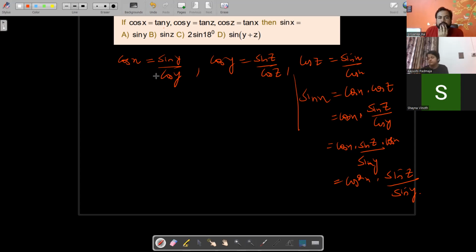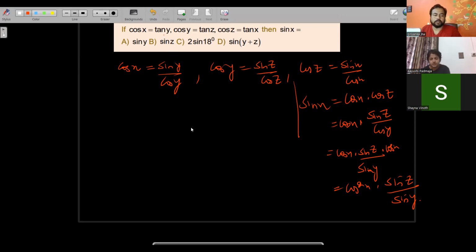I can do one thing. Now, how do you want to multiply? So we can do cos x into cos y equals sin z into sin y by cos x into cos y. Okay.